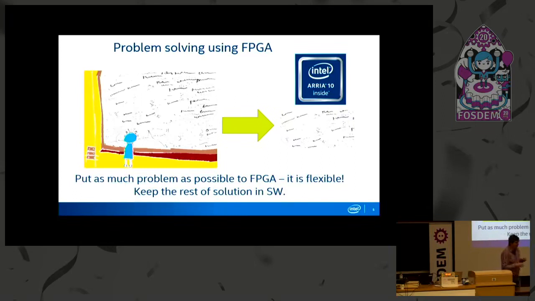For example, going back to our example with machine learning, we found a very, very good result when we put some operations of the multiple tables into the FPGA, making most of the processing, or all the processing, happen inside the FPGA, yes.